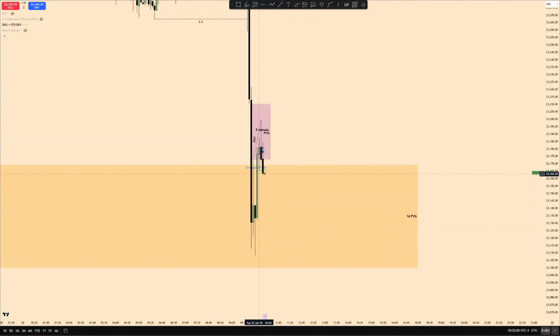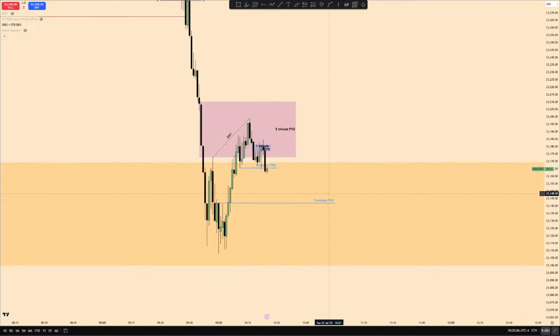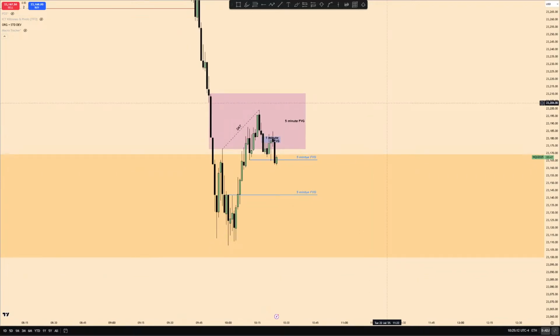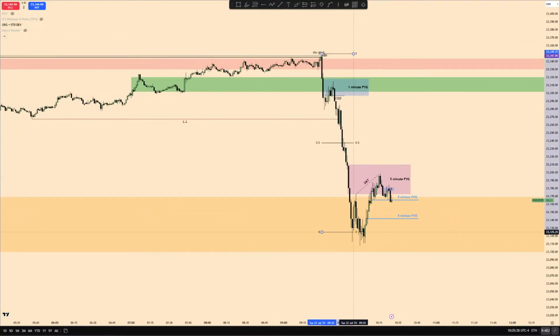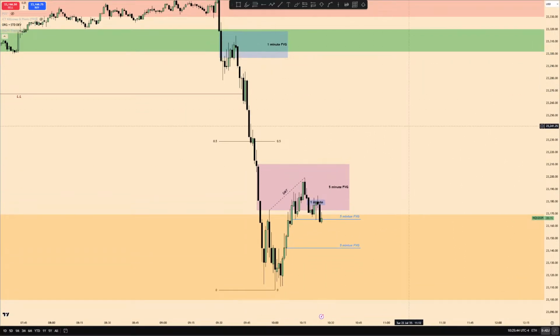I got this 5-minute imbalance here. Candle close in it. If this 5-minute gets inverse, I don't even know if I'd want to short it.